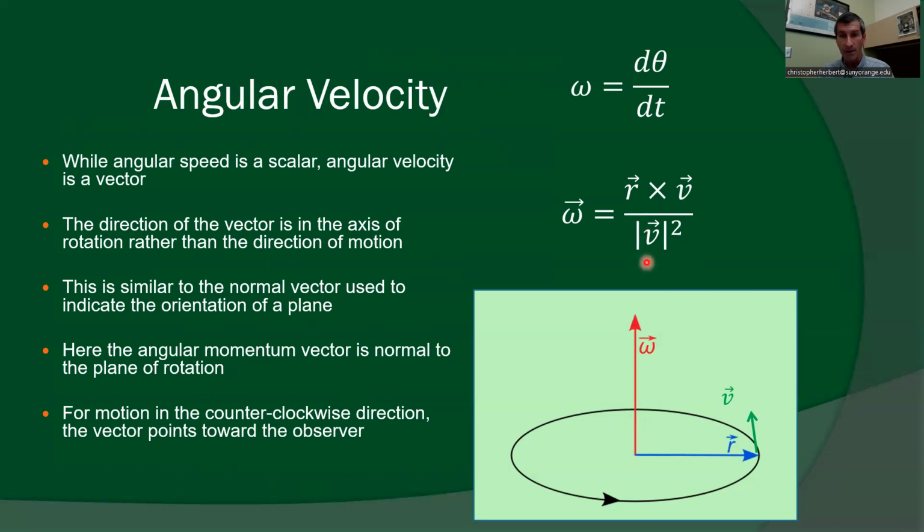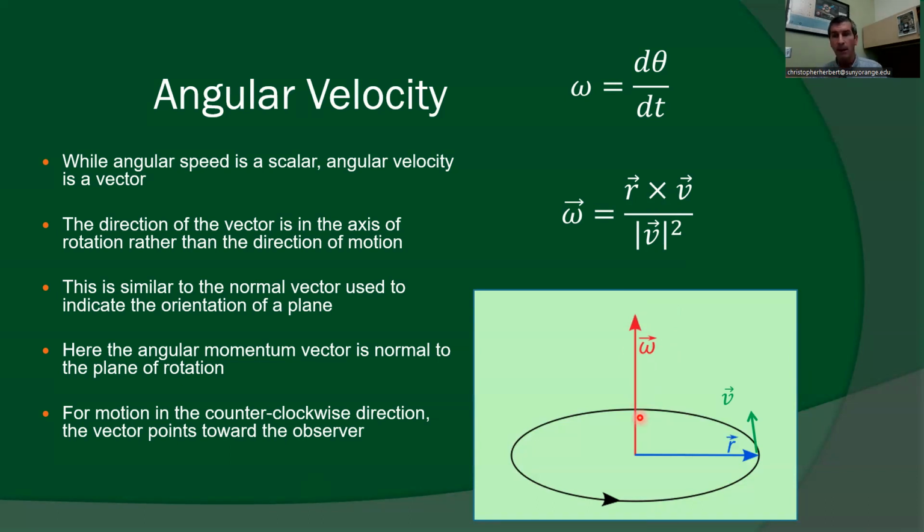Now, if we divide this by the radius squared here, that will give us basically a dimensionless unit. Well, it won't be dimensionless. It will have units of 1 over time. And that again gives us a vector perpendicular to the plane of rotation.